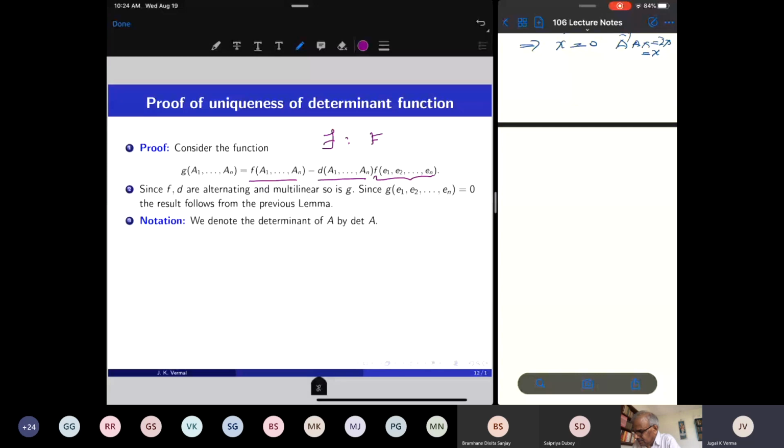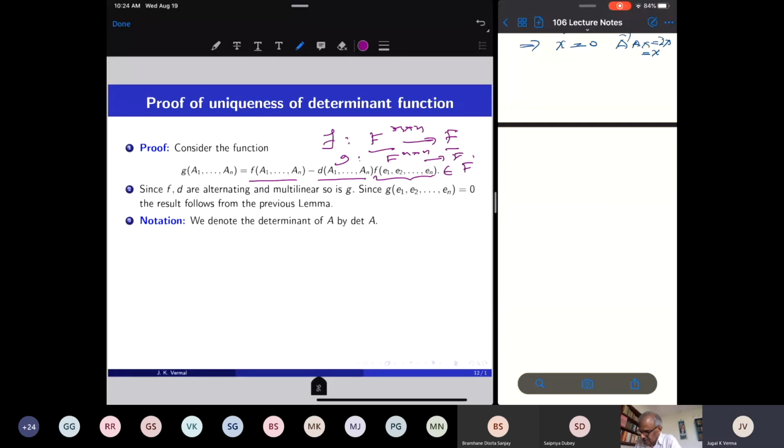F denotes any field, such as rational numbers, real numbers or complex numbers. So f is a function. d is also a function, and therefore this is a value in F. So g is also a function from the space of n by n matrices.